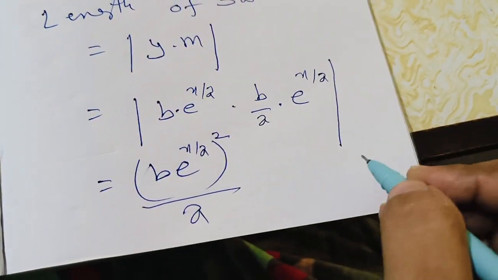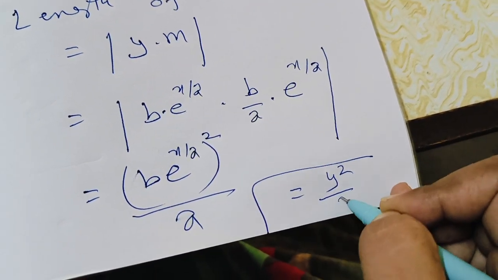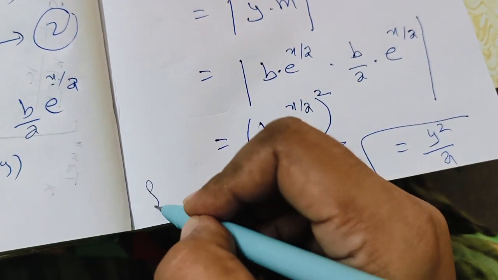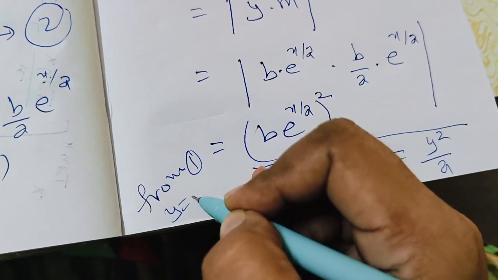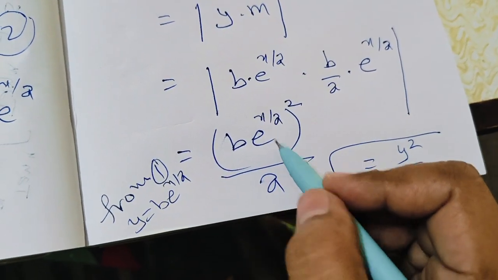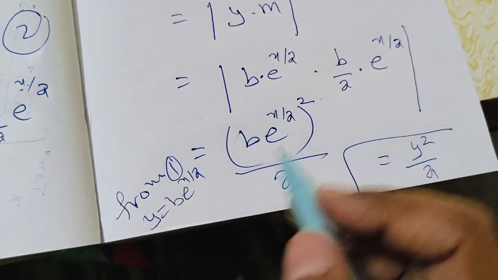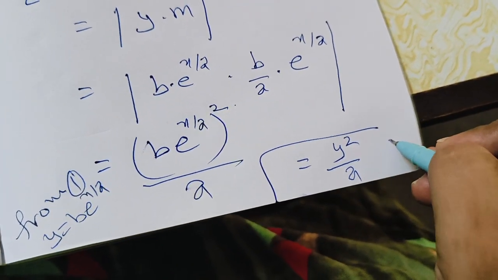So we can write this is equal to y square by a. From 1, y = b e^(x/a), so (b e^(x/a)) whole square becomes y square. So this is our length of subnormal.